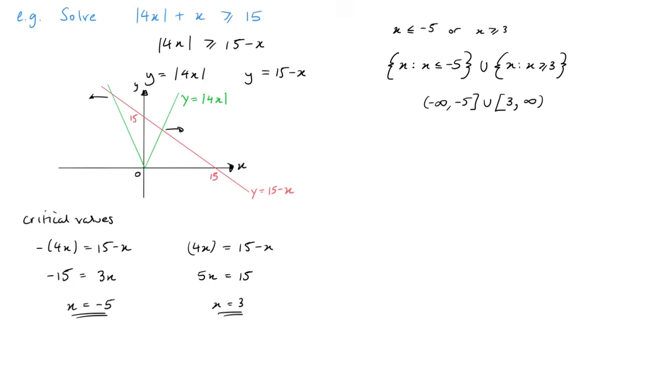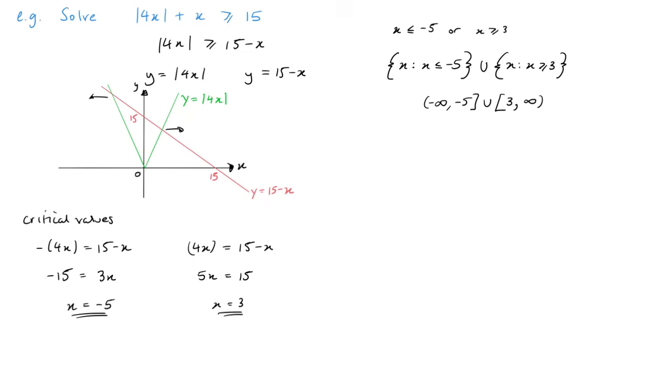This one is generally not used in Edexcel. I haven't seen it used, to be honest, in Edexcel, but it is a valid method. This is the set form that's usually used with Edexcel. Alternatively, just as an inequality there.